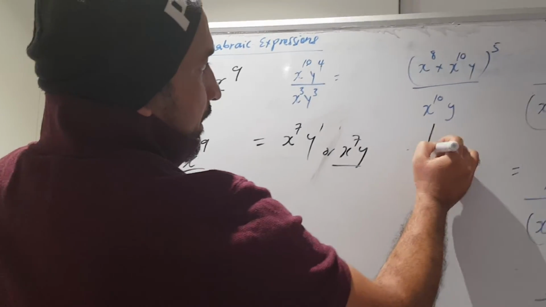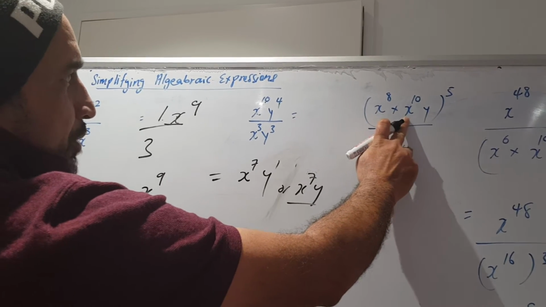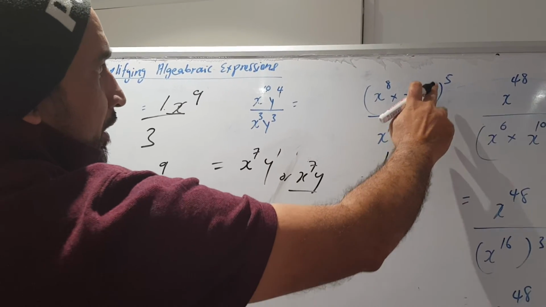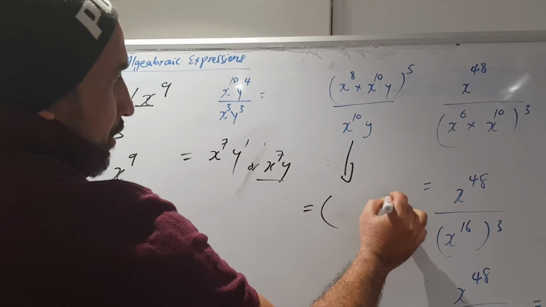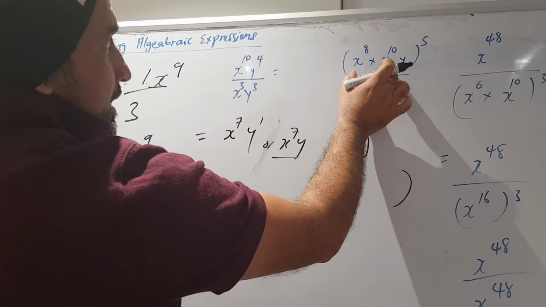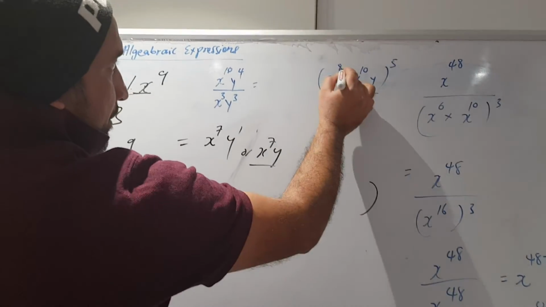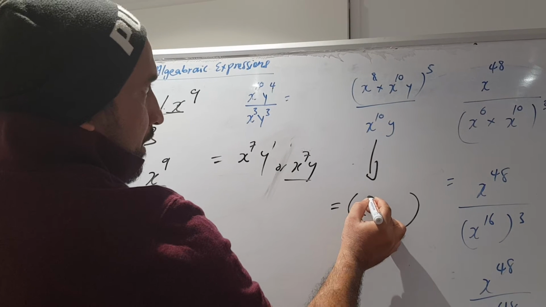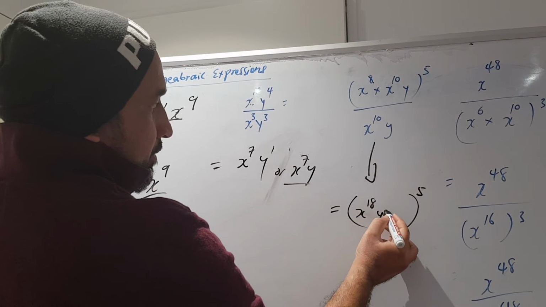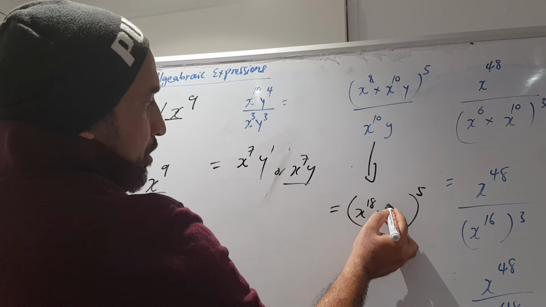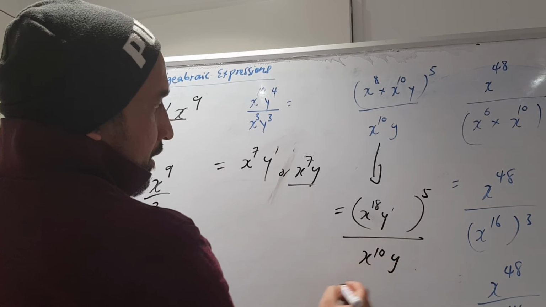And then coming down here, if you see something like x to the power of 8 times x to the power of 10, y in bracket to the power of 5. So what we can do here, we could do the internal, the ones that are inside. x^8, x^10, what do you do? We add them. So x^18 and y^5. This y, we can assume 1 is there, over x^10 y.